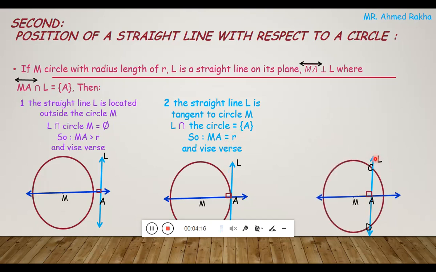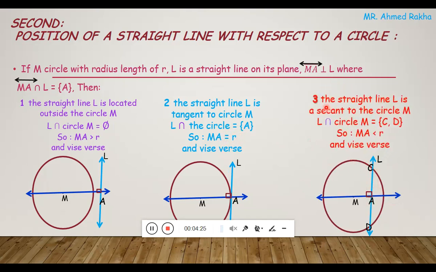Here the straight line becomes closer. It cuts the circle at 2 points C and D. The straight line L is a secant. Now we will name it secant to the circle M. And L intersects circle M at 2 points, the point C and the point D. In this situation, the length of MA will be smaller than the length of the radius.